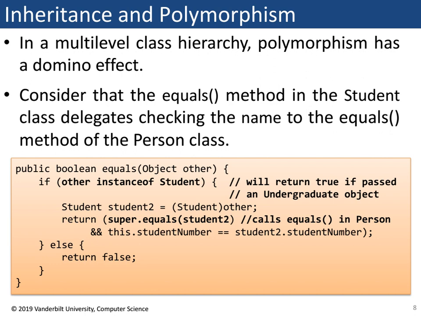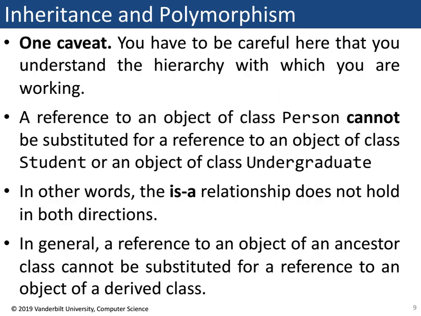So we can domino effect all the way back to our most primitive class, our person class, and find that, yes, in fact, Java considers an undergraduate object to be an instance of a person object as well as a student object. A big point here, though, is that it doesn't go both directions.